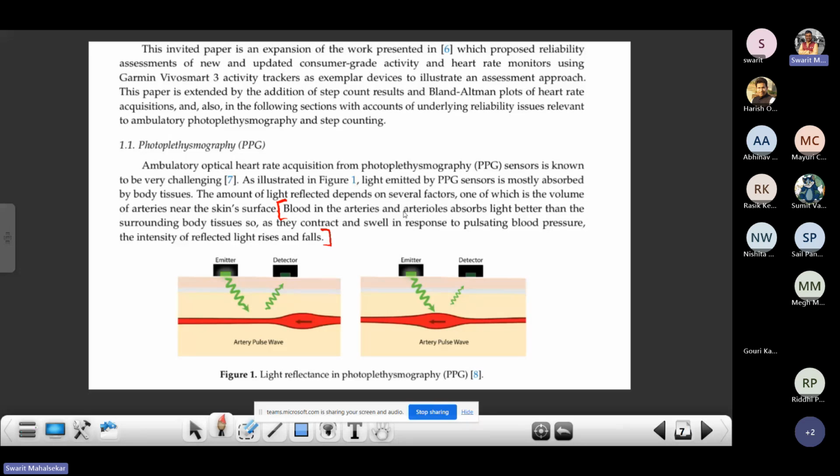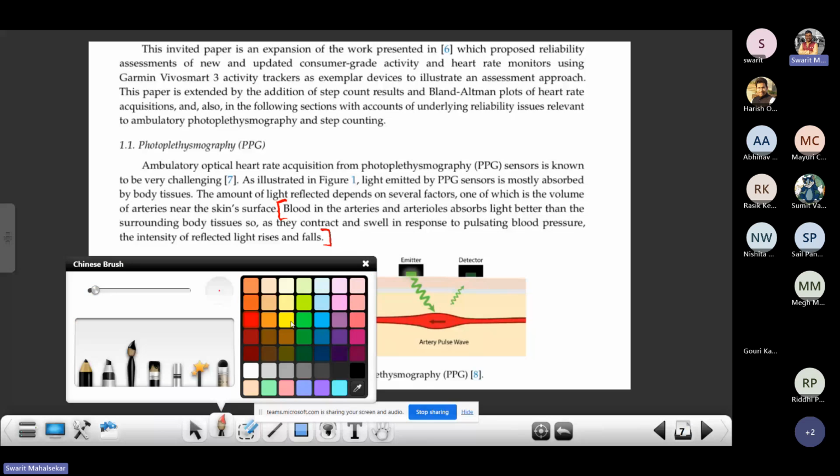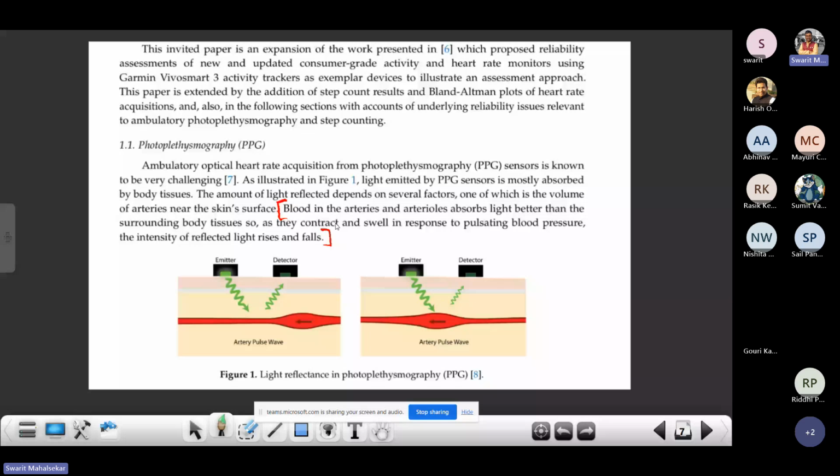Okay, so I'll just mark this particular point, and then we'll try to decode what is being mentioned inside this particular sentence. So you just have a look over here. When the arteries contract, you see the reflected light rises.